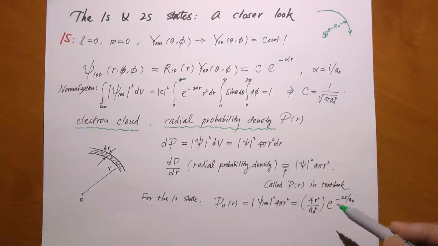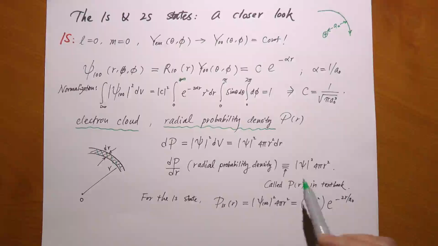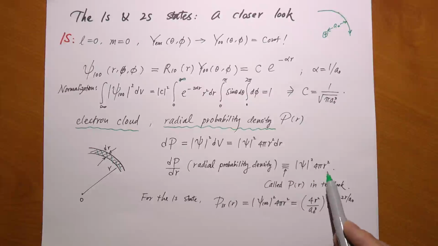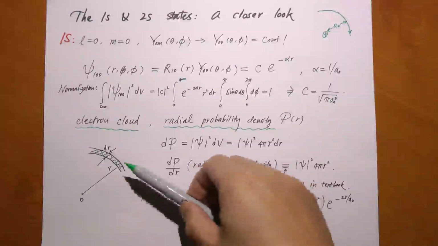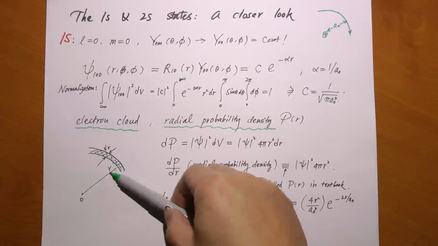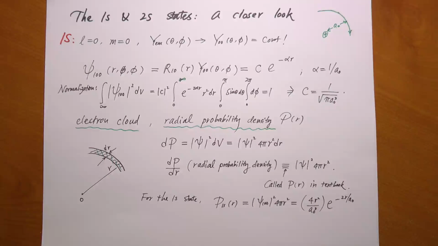And the textbook gave it a different symbol. We call it dP over dr. The textbook simply calls it P. It's the same thing, okay? And what is that equal to? When we move the dr over, it's 4 pi r squared times psi squared. This is the so-called radial probability density. Again, it is the probability of finding this particle a distance r from the nucleus per unit r difference.